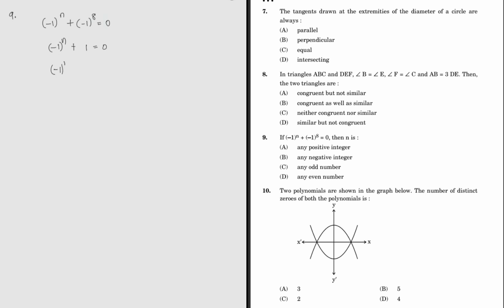Okay, minus 1 power of n is equal to minus 1. So the answer is negative, which means n must be an odd number. So n can be 1 or 3, 5, 7, etc. So the option will be 9C, any odd number.